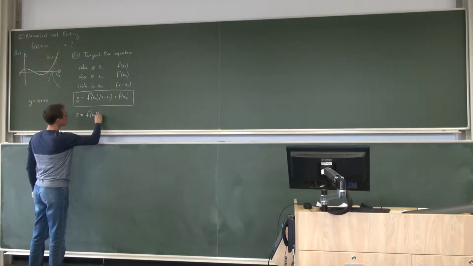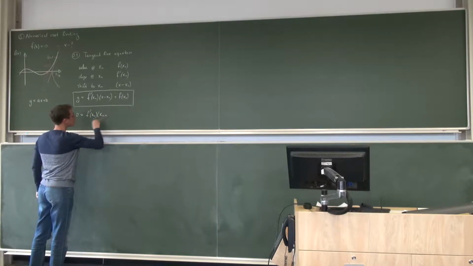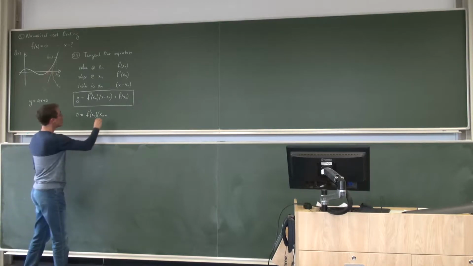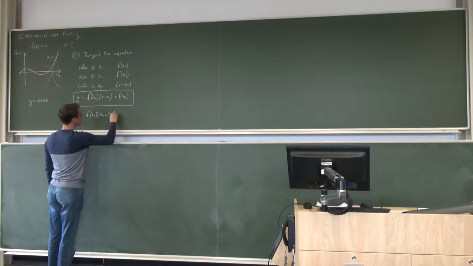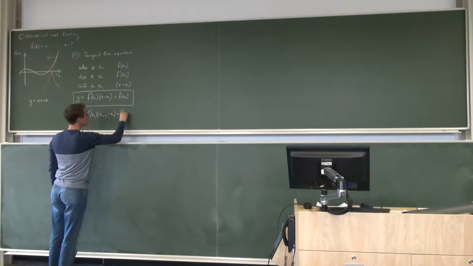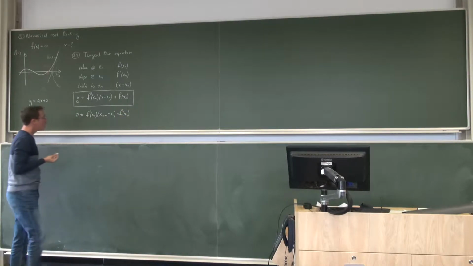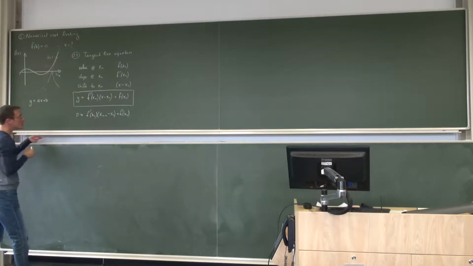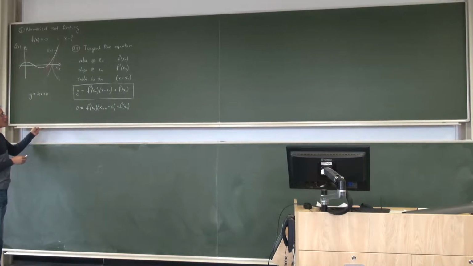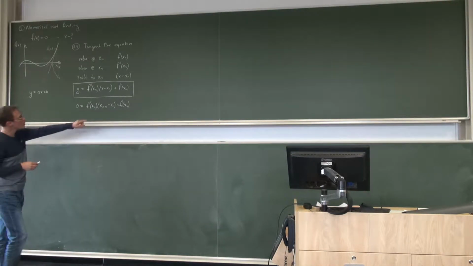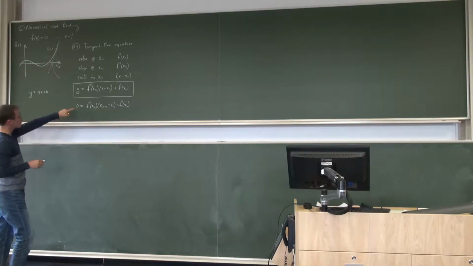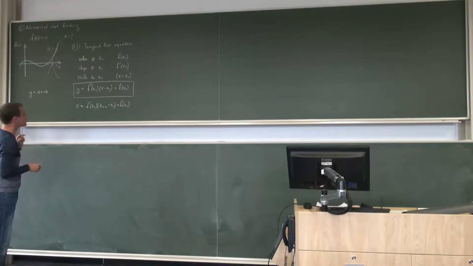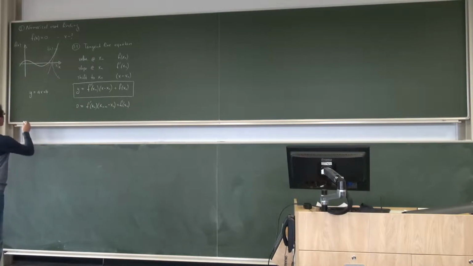And so instead of x, this is xn plus 1, the next point, minus xn, plus f of xn. And let us solve this for the future point. So this xn plus 1, we need to extract out of here. Okay, I move that over to the right-hand side, and then divide this by f prime.